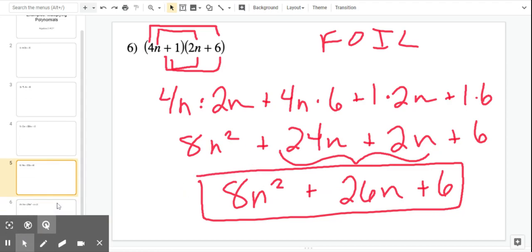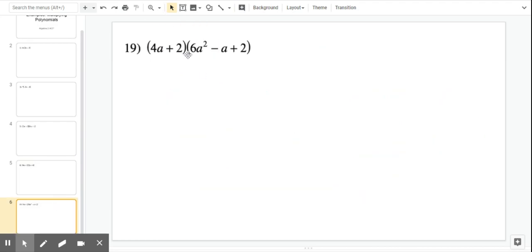All right, and the last example we had was multiplying two polynomials together. So the way we'll do this is we'll take the 4 and distribute it to this whole set of parentheses, and then we'll take the 2 and also distribute it to the whole set of parentheses. So the way we'll start with this is 4a times this whole thing.